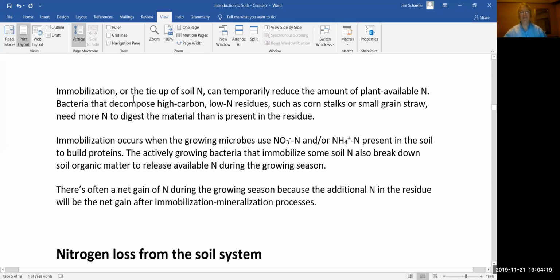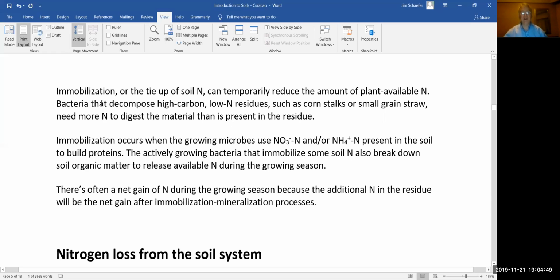Immobilization, or the tie-up of soil nitrogen, can temporarily reduce the amount of plant available nitrogen. Bacteria that decompose high carbon, low nitrogen residues such as corn stalks or grain straw need more nitrogen to digest the material than is present in the residue. They want to make proteins. Where do they get the nitrogen to make the proteins?